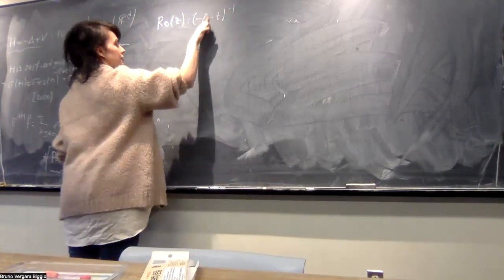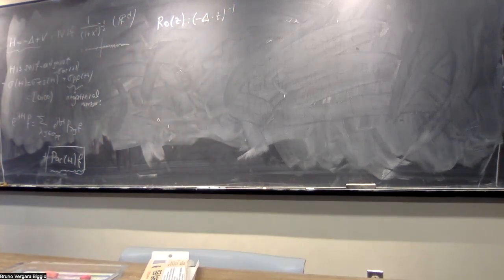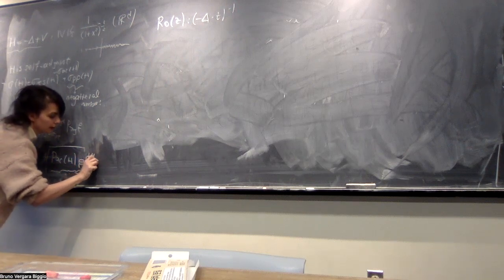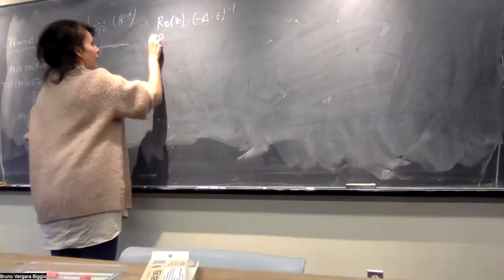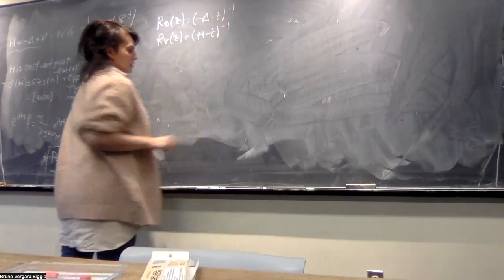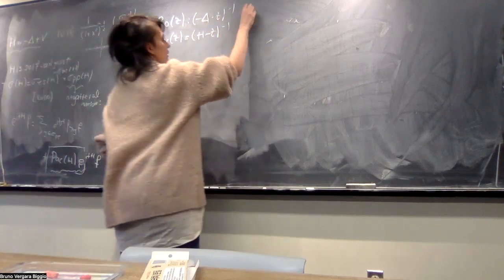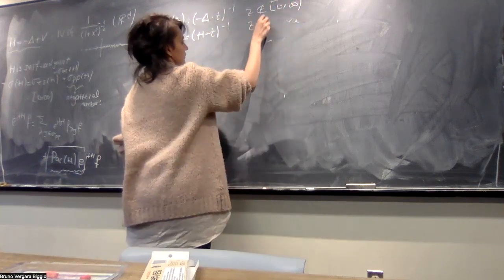This is Laplacian, not H. And then I'm gonna have R_V(z), which is gonna be (H - z)^{-1}, and they're gonna be defined anywhere except the spectrum. So this is gonna be defined anywhere not in 0 to infinity.